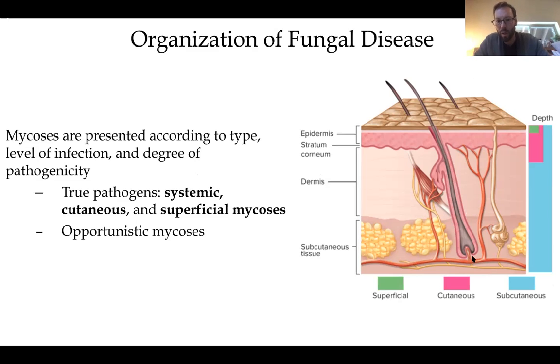Once it hits the bloodstream, then it's systemic. Opportunistic infections are going to be those that just happen to be in a host that is not able to use its immune system to keep it at bay.